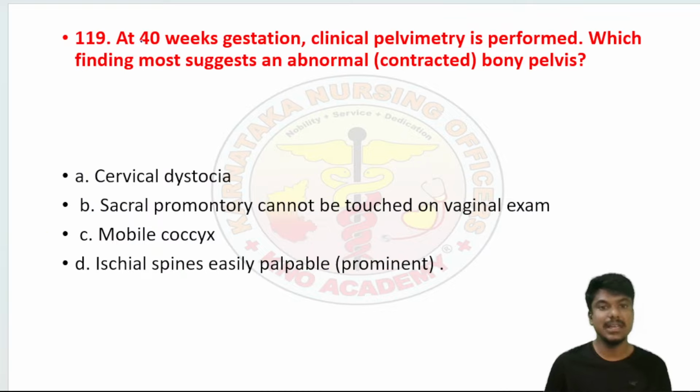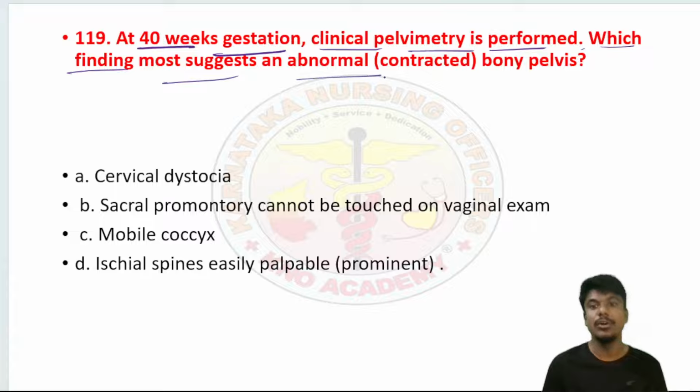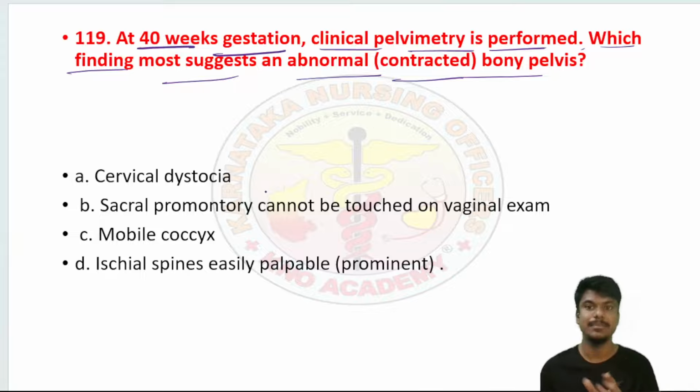Next question. At 40 weeks of gestation, clinical pelvimetry has been performed. Which among the clinical findings is suggestive of an abnormal or contracted pelvis? Here the examiner is asking about the pelvimetry findings of a contracted pelvis. Pelvimetry is nothing but the assessment of pelvic diameters.